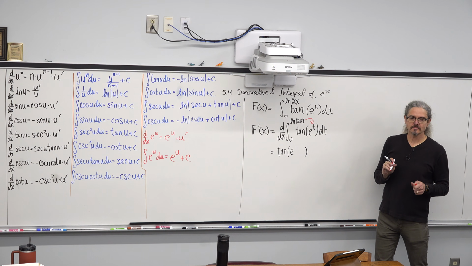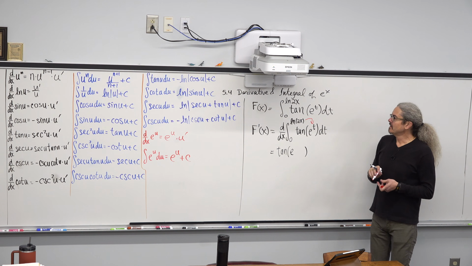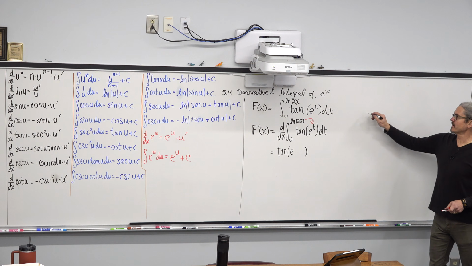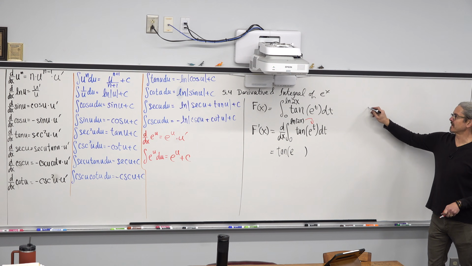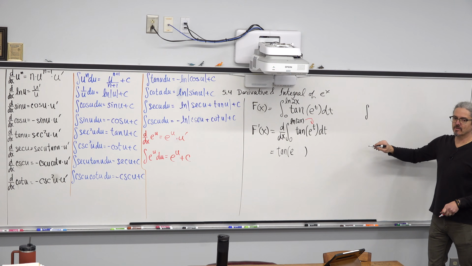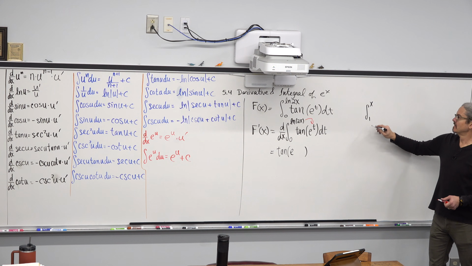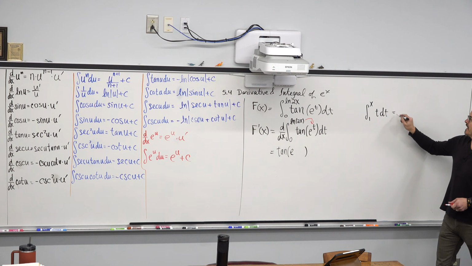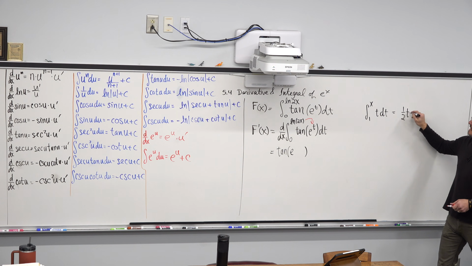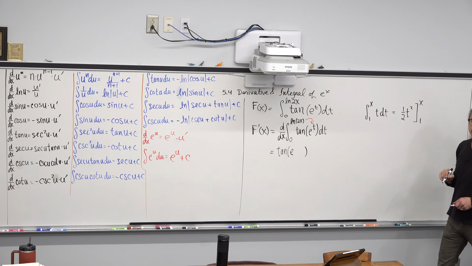Plug it in. Okay? When you do, let's go on a little bit of a side journey here for a second. If I ask for the definite integral from, let's say, 1 to x of t dt, that's going to be 1/2 t squared with an upper limit of x and 1.